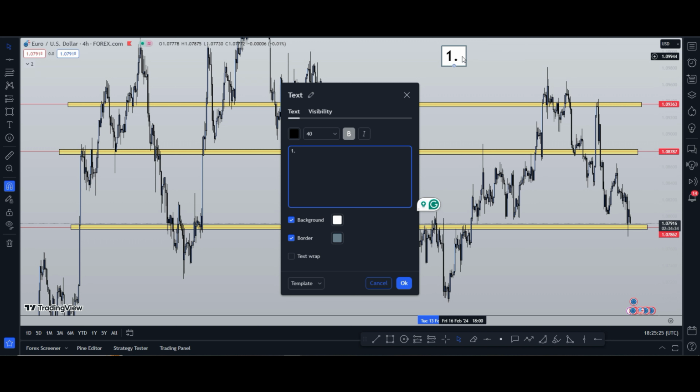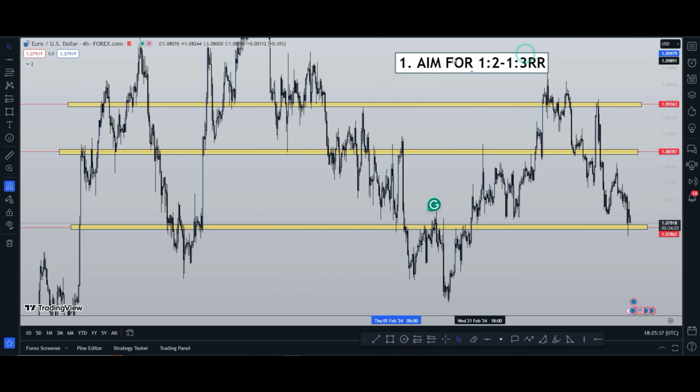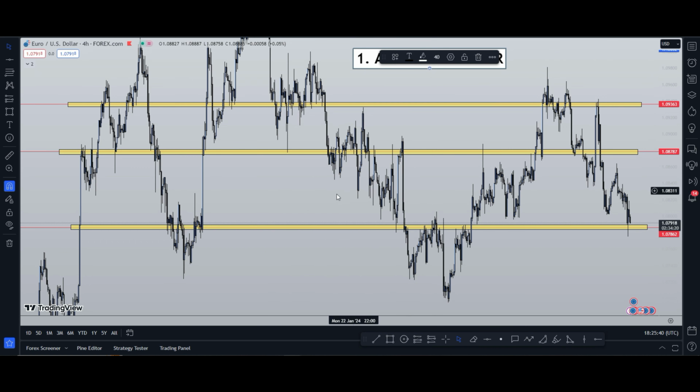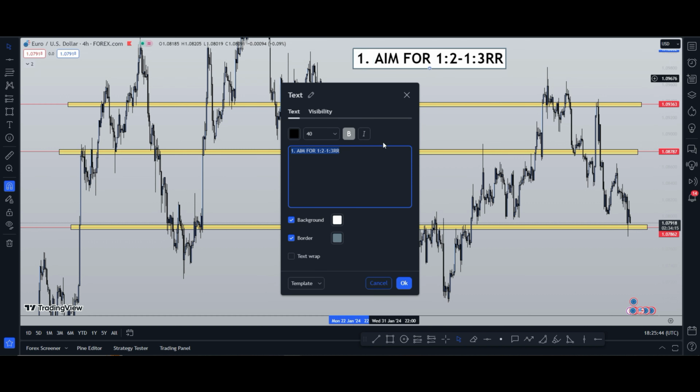Number 1, aim for 1 to 2, 1 to 3 RR maximum, and 1 to 4, right? And second, I won't go into the strategy as well, but let's mark these down. 1 to 2 trades max.